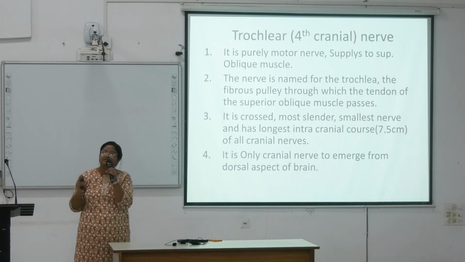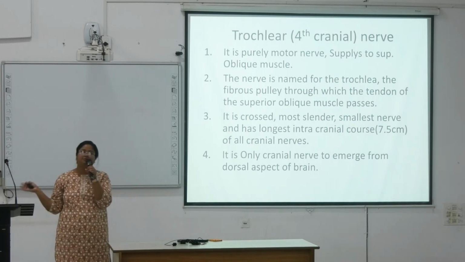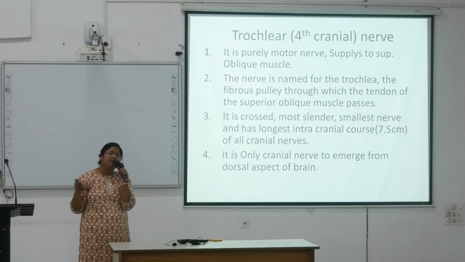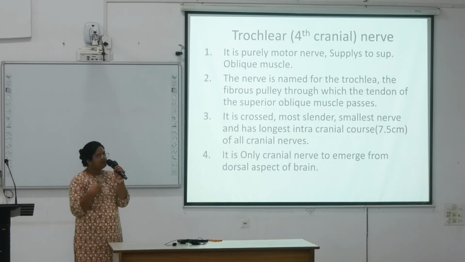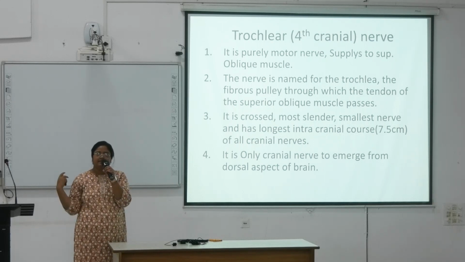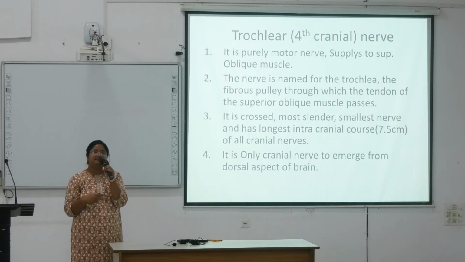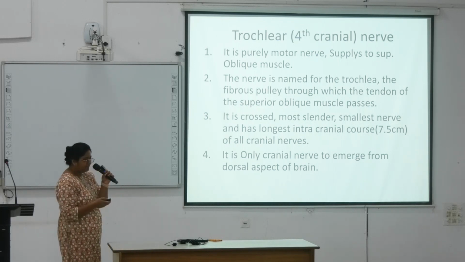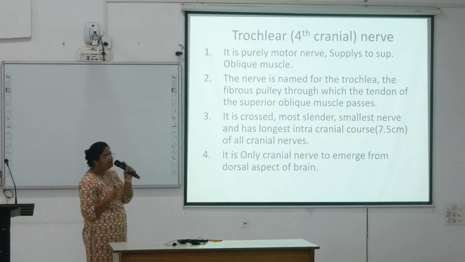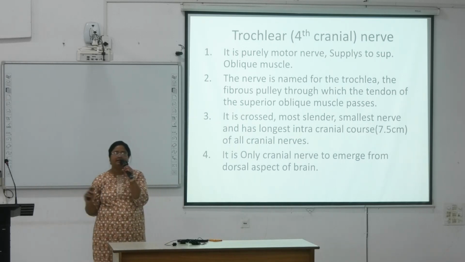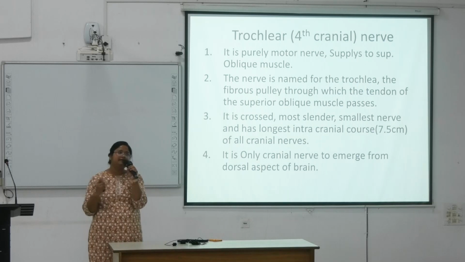LR6, that means the lateral rectus, is supplied by the abducent nerve, and the rest of the extraocular muscles are supplied by the third cranial nerve, the oculomotor nerve that we have discussed previously. Okay. So the nerve supply of extraocular muscles is very important, as are the movements of the eyeballs.